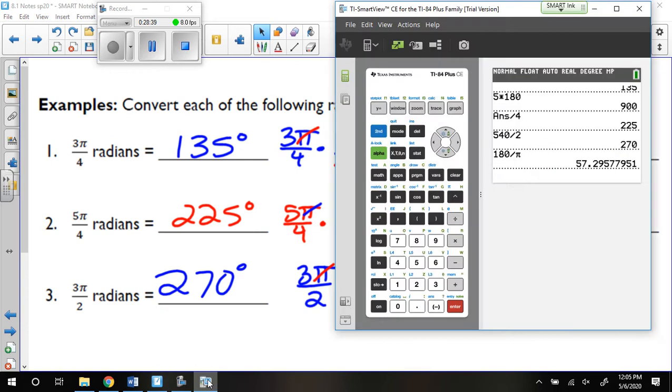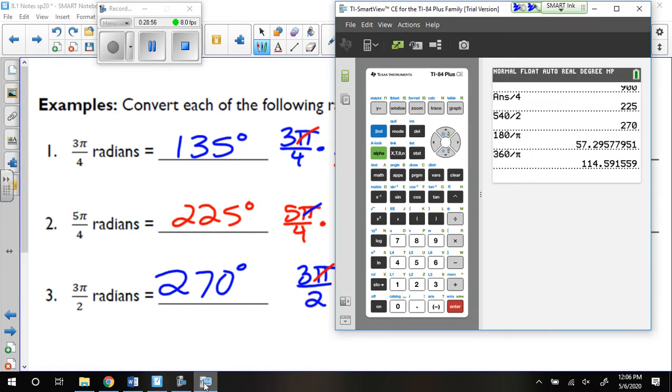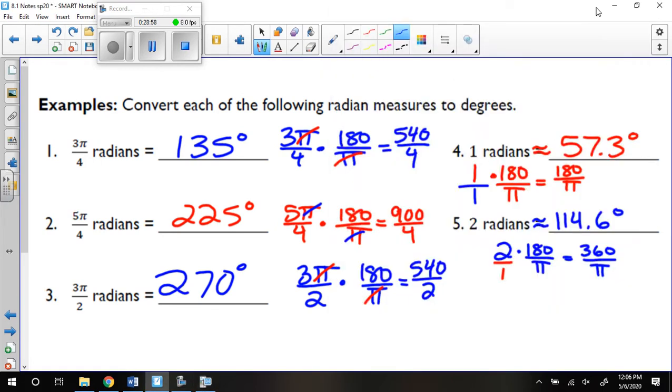And so that's what we're putting in our calculator, 360 divided by pi, which is approximately 114.6 degrees. And that was changing from radians into degrees.